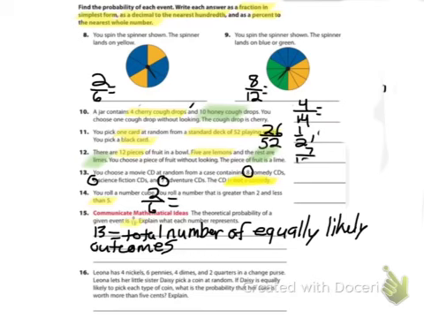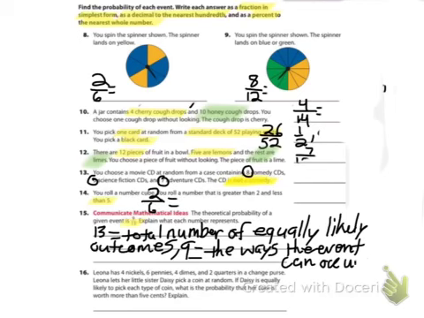That's the denominator. And the numerator, which is 9, represents the ways the event we want occurs. And that's all you do for 15.